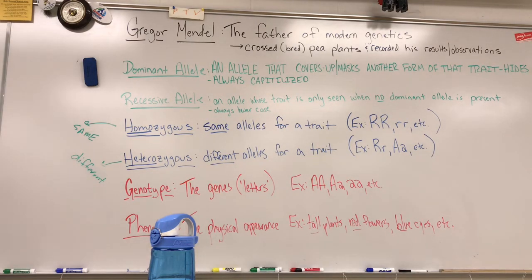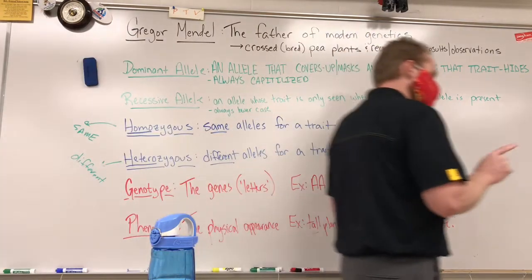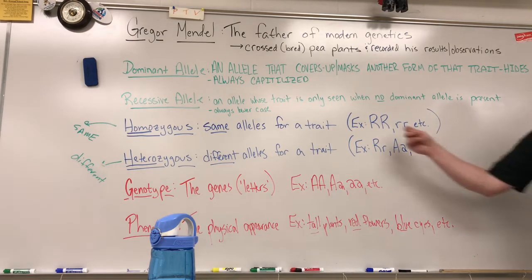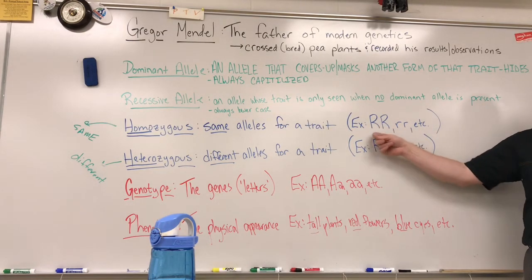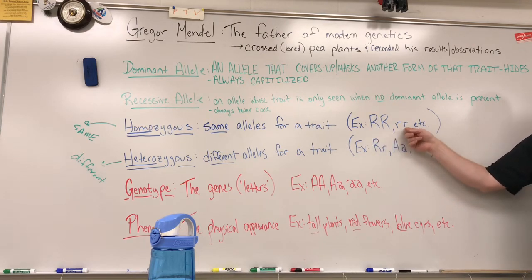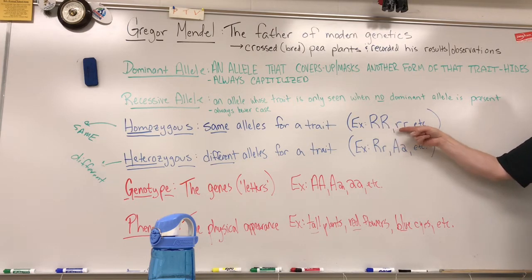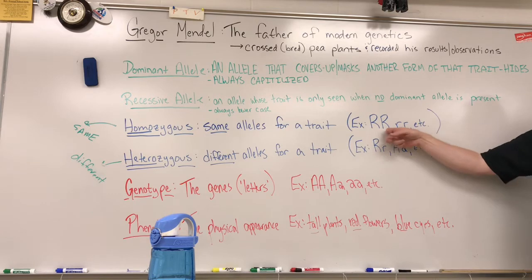So when we talk about homozygous, we're talking about alleles that are the same, where heterozygous means our alleles are different. And when we're talking about same and different, what we're talking about is capitalization. Are they both uppercase? Are they the same uppercase? Or are they the same lowercase? This is an example of a homozygous allele combination. The alleles are the same in capitalization. They're homozygous.